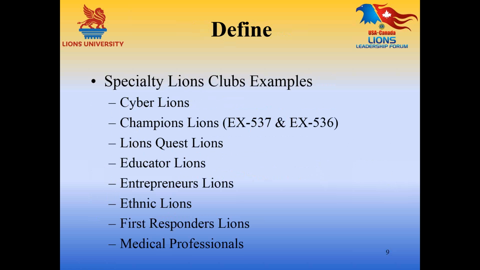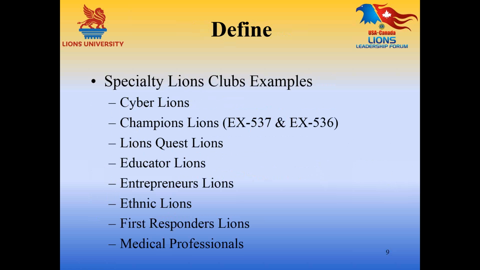Here in the Northwest we had, and they've decided to disband, unfortunately, a Korean Sunrise Lions Club, where the members, when they came together, spoke primarily Korean, their native language. We have Filipino clubs in the Seattle area. So that's an example of an ethnic-type club.